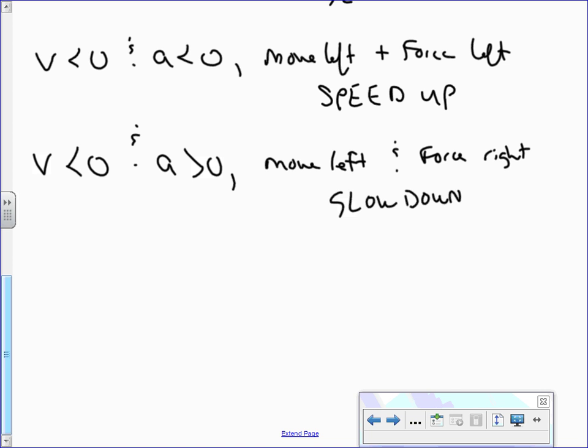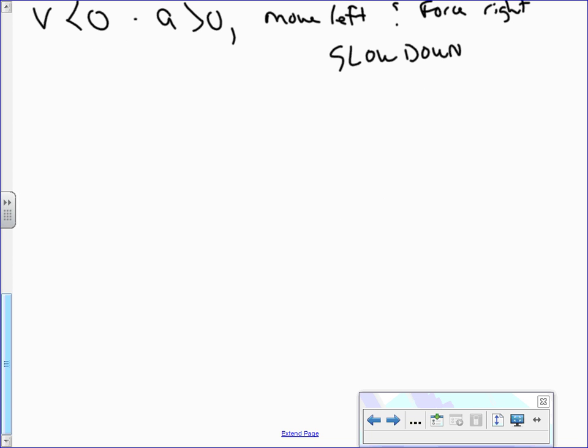So, to summarize, if velocity and acceleration have the same sign, if I'm trying to go in a certain direction, and then somebody applies a force in that same direction, what's going to happen? Yeah. Speed up.